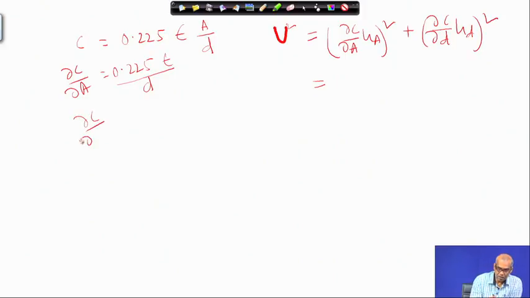Del C del d is nothing but minus 0.225 epsilon A by d square. So, you put these quantities here.